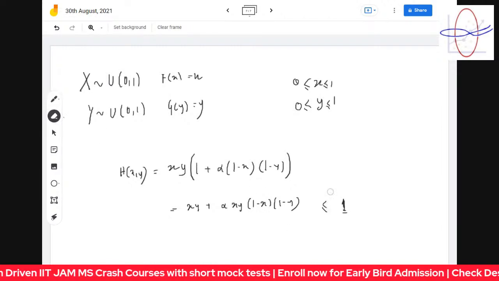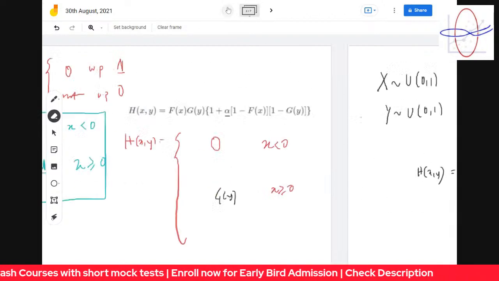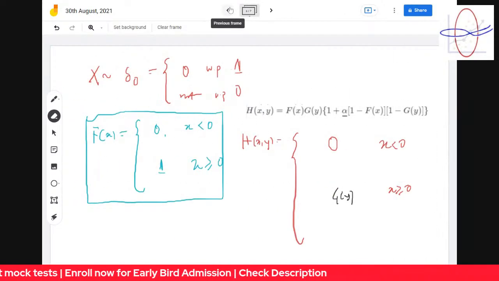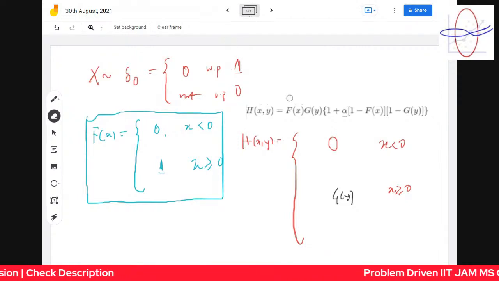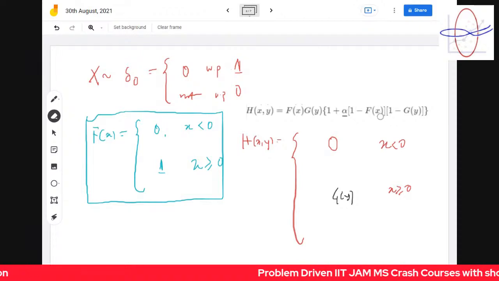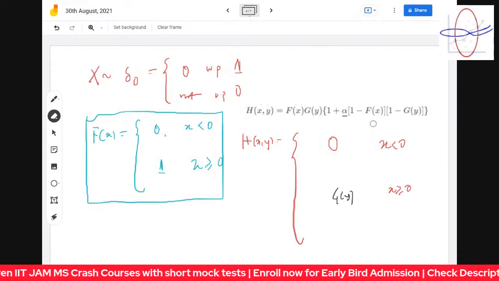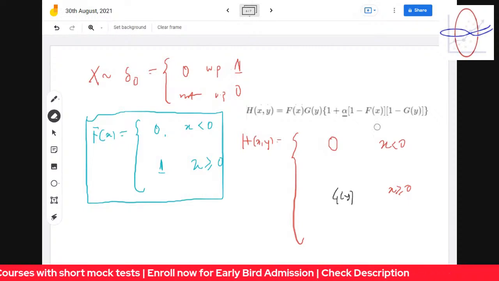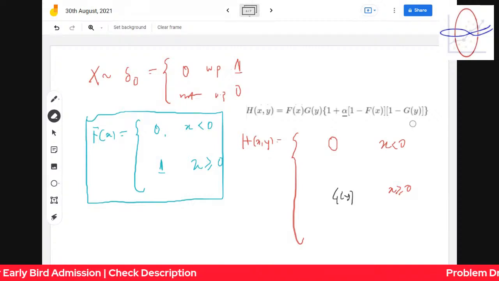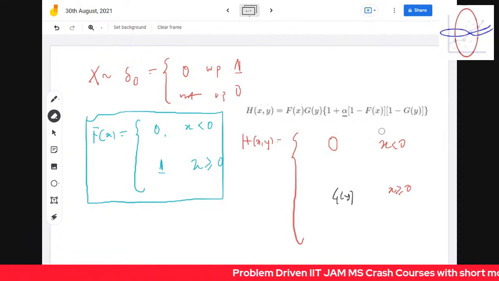What I personally think is that if we take some special functions like this, it will be easier for us to really get that whole thing out here in terms of alpha. If x is equal to 1.